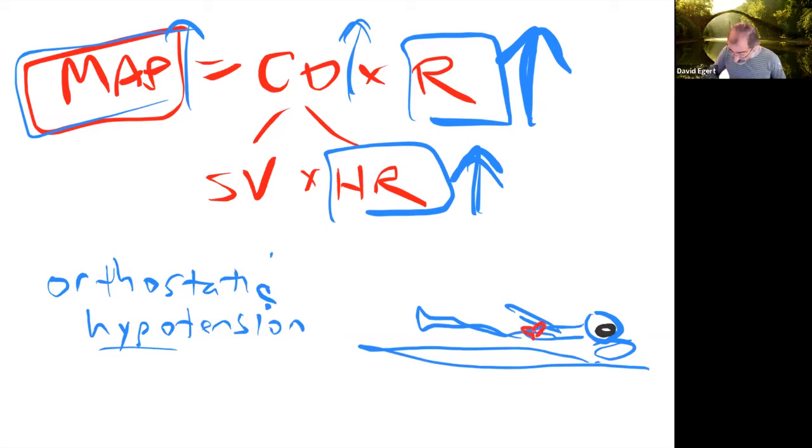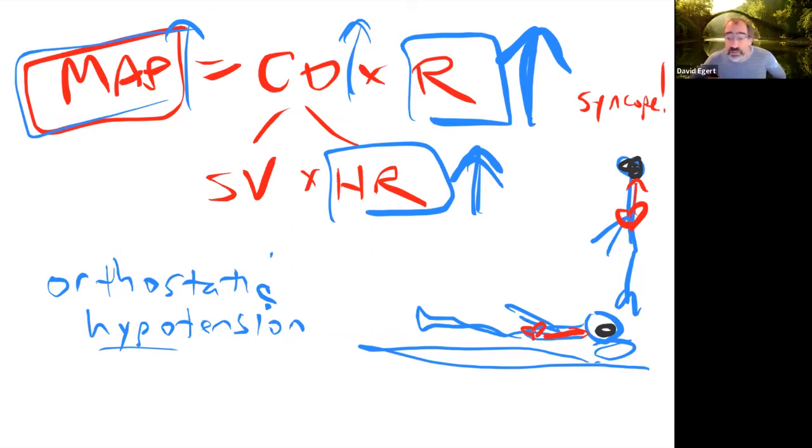You don't need as much pressure to get the blood to your heart because you're not fighting gravity. And now all of a sudden you stand up. Now your heart's down here and your brain's up here. And now it's like, oh my God, we gotta push a lot harder to fight gravity to make sure the blood keeps going up to the brain, or else you're gonna pass out. You'll experience syncope.